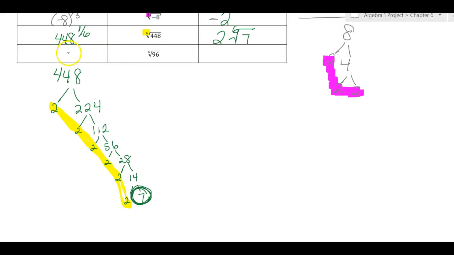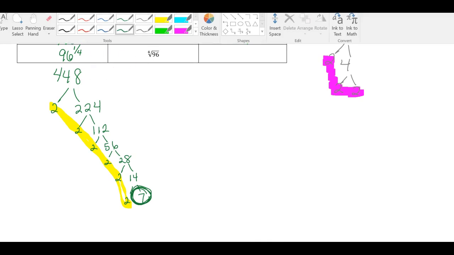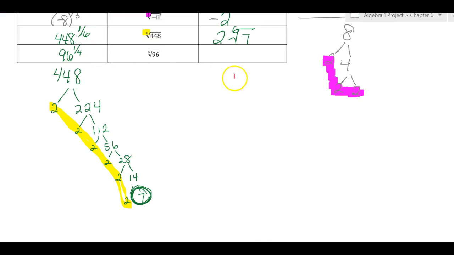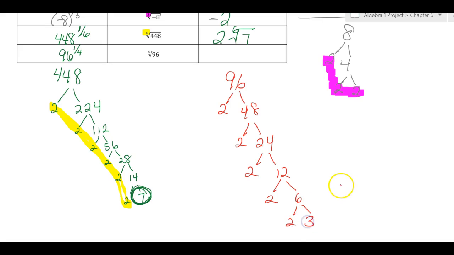Okay, 96 to the 4th root is going to be 96 to the power of 1 divided by 4. And then now we need to figure out what 96 is. So 96 breaks down to 2 and 48, 2 and 24, 2 and 12, 2 and 6, 2 and 3. Okay, so this time you're supposed to have 4 of them.